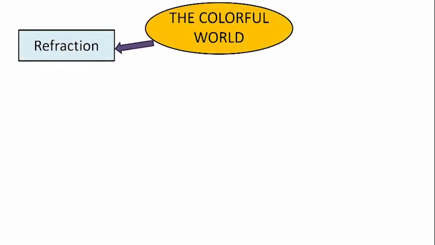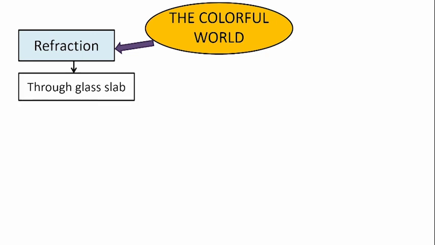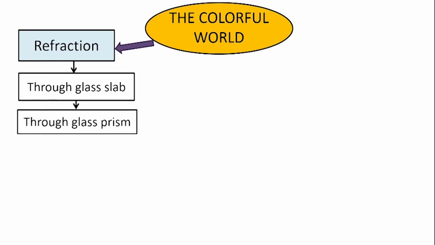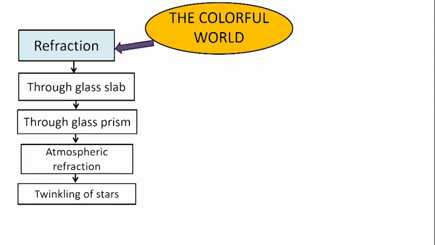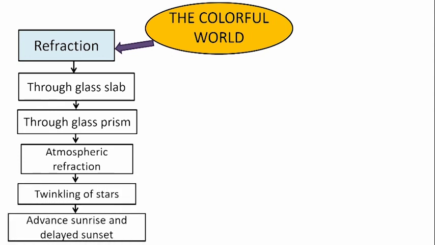Next, come to the colorful world. In the colorful world, first refraction. Refraction through the glass slab, refraction through the glass prism, and atmospheric refraction, then naturally twinkling of the stars, then finally advanced sunrise and delayed sunset.